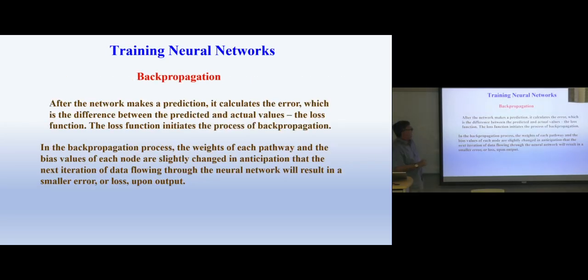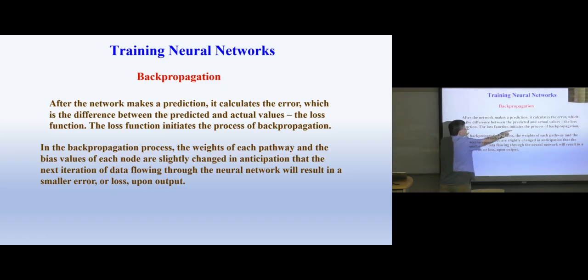Now, after it makes a prediction, when you've gone all the way through and you're out the output layer nodes, it calculates the error, the difference between predicted and actual values. Outstanding. That's your loss function. That function starts a process of back propagation, which means go all the way back, pull in the next data.